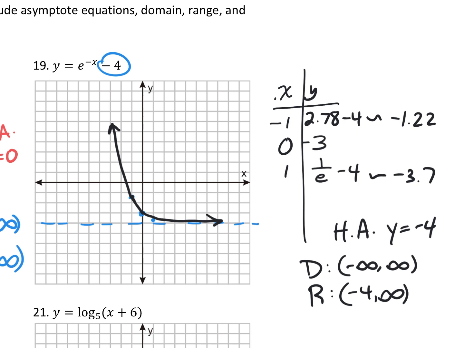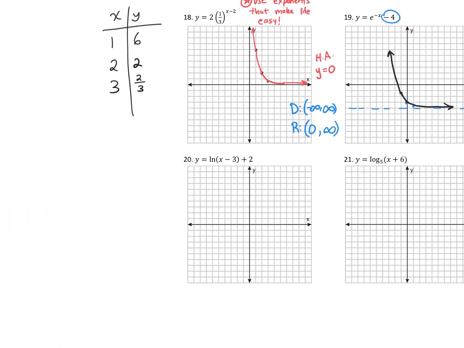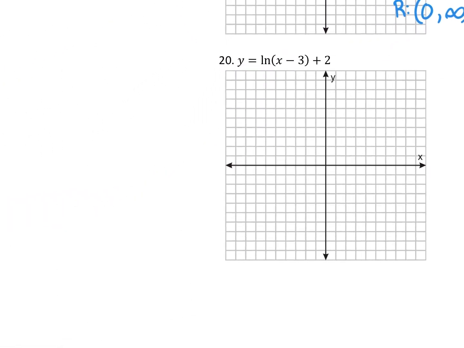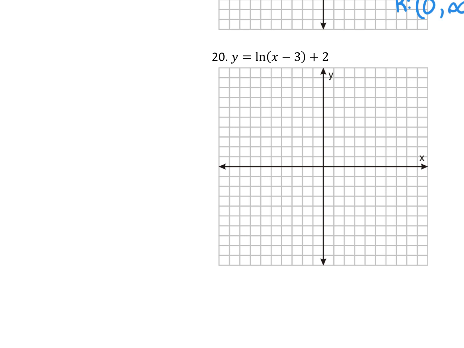Big idea with exponential models is we want to plug in values that make the exponents easy to work with. We really want to lean on our understanding of exponentials because that's really what we do with logs.